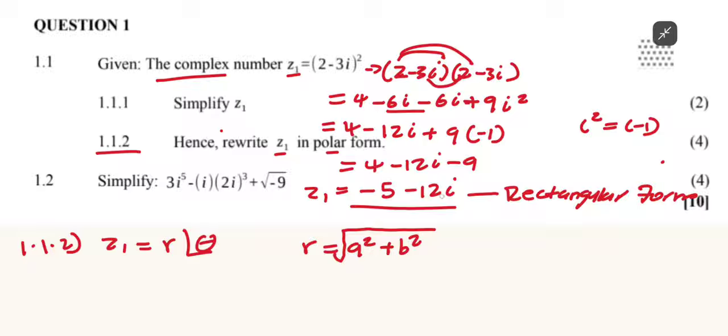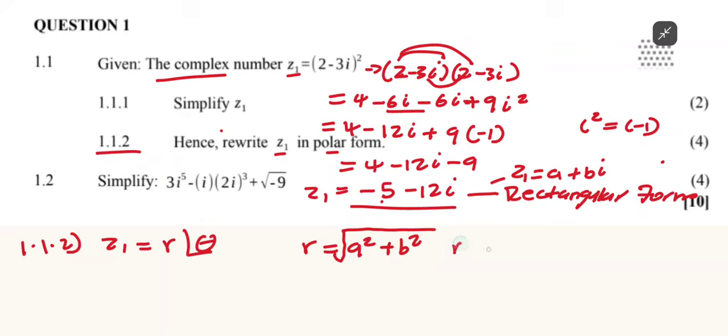Remember the rectangular format, z1 can be written as a plus bi. This is the rectangular format. So that means our a is minus 5, our b is negative 12.